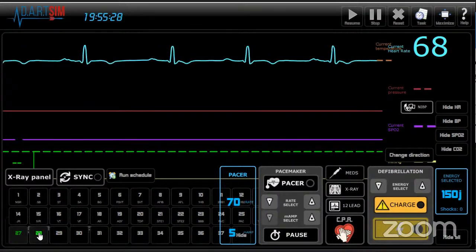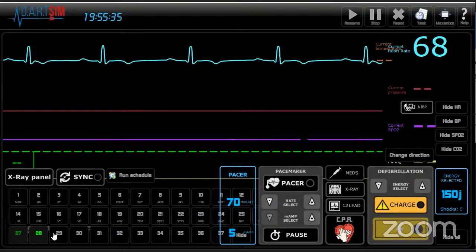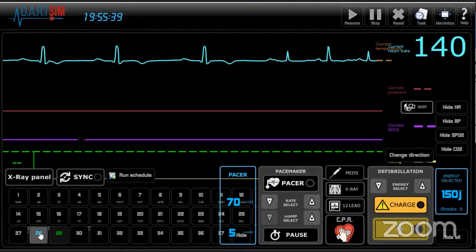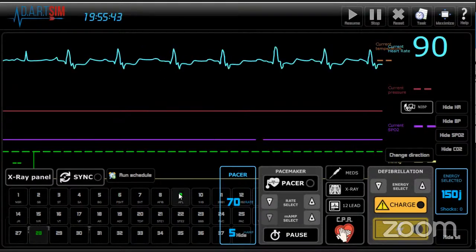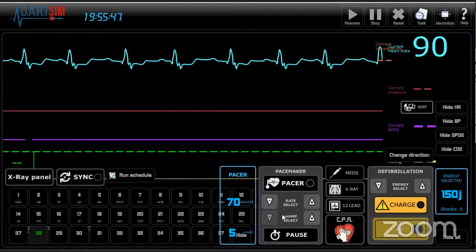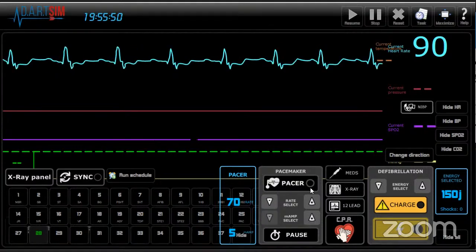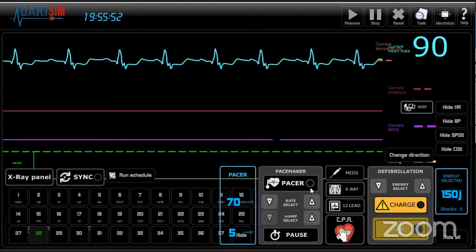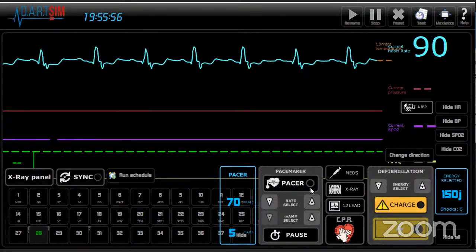So we see a patient with a slow rhythm, and then we need to pace this patient. So I'm going to go to my pacer button. That's my pacer button there, and I'm going to click the pacer. I need you to look at the rhythm strip now, and then look at it when I click the pacer mode.